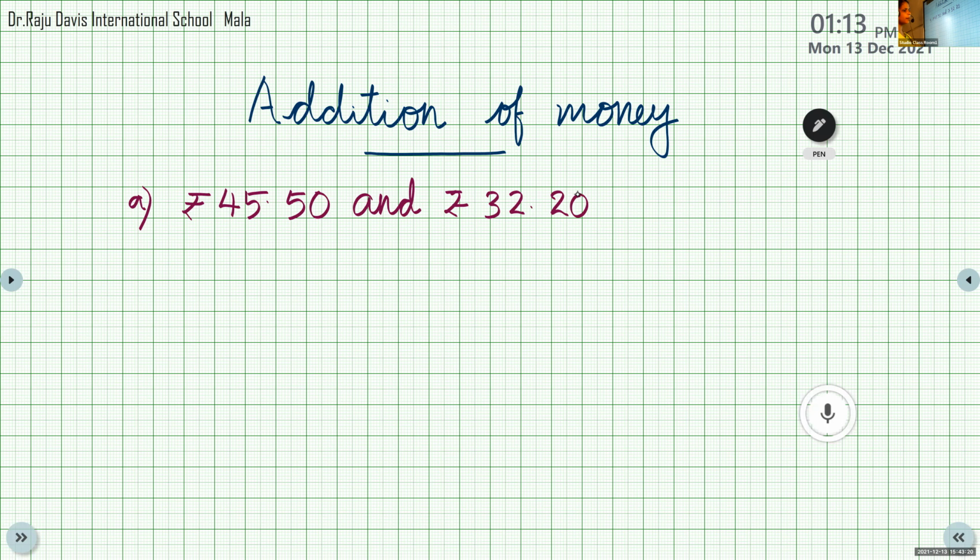The first step, arrange rupees and paisa in 2 columns.